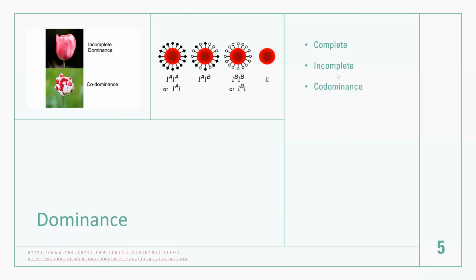So there are several types of dominance, and dominance is pretty much exactly what it sounds like. It's the level to which an allele has control over another allele. Thanks, Brian. The question was about the difference between gene and allele.